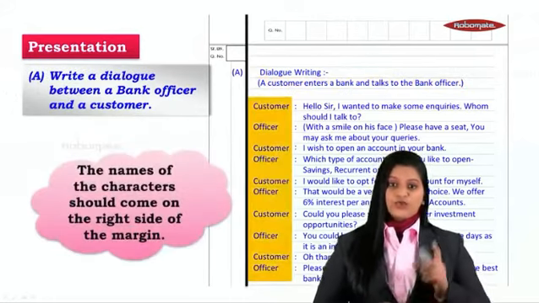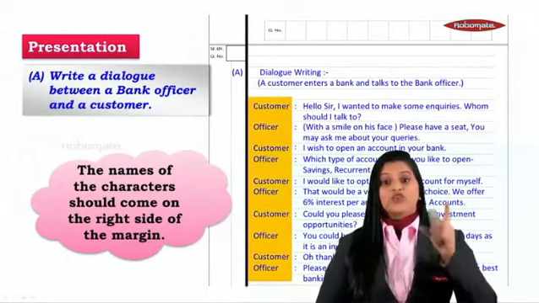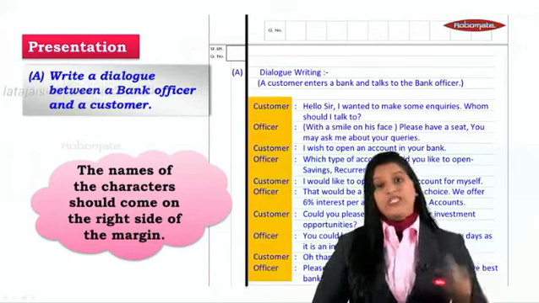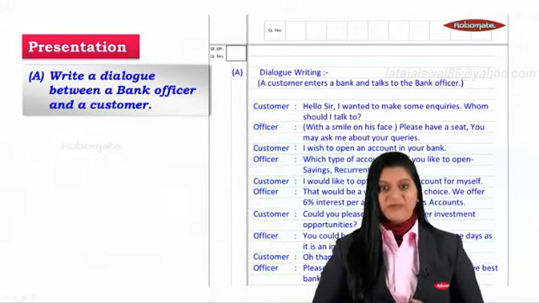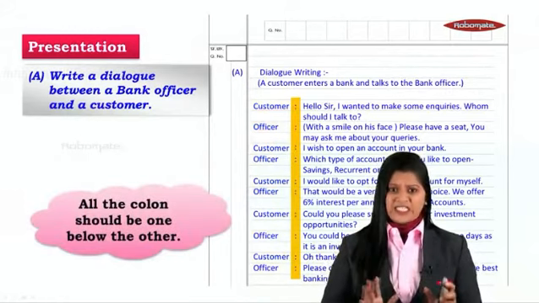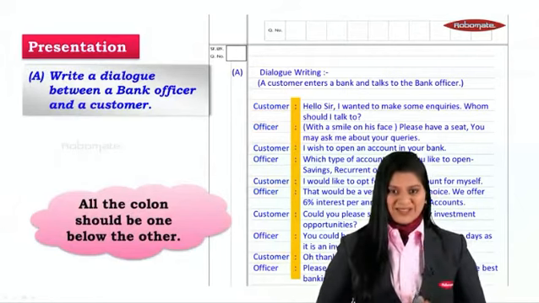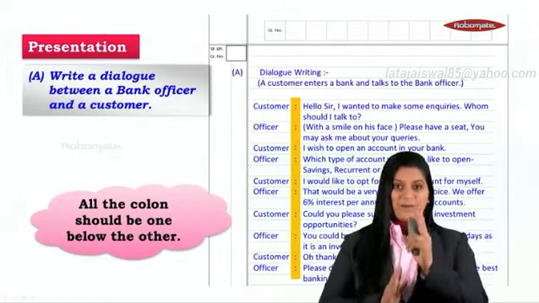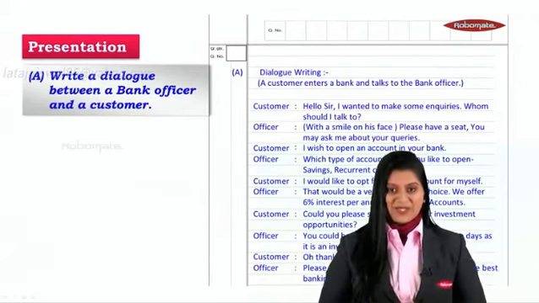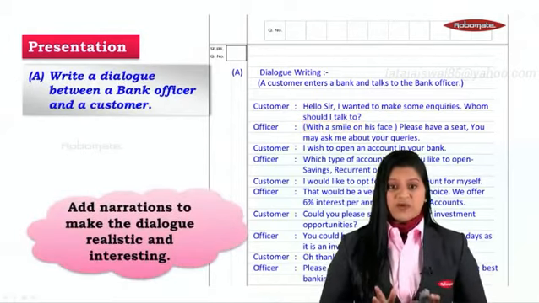Then you should always keep in mind that the names of the characters should come on the left side of the margin of your paper, outside the margin. Then, to make your dialogue look really neat, you should put all the colons one below the other. See to it that you plan it that way. All your dialogues will come on the other side of it.